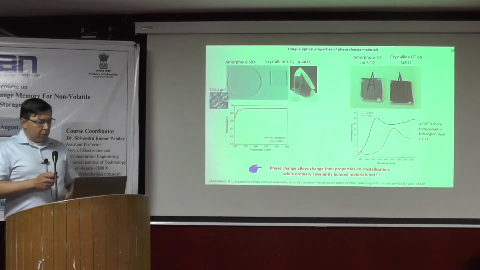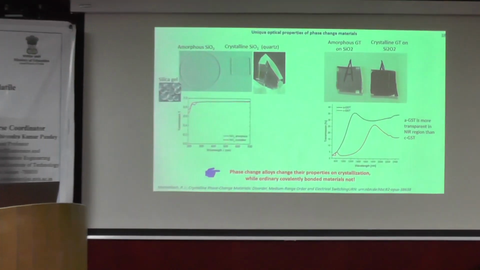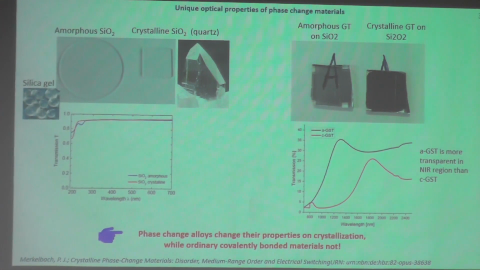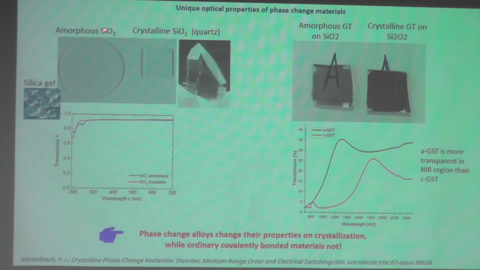Now let us consider some typical substances. For example, silicon dioxide. It exists in amorphous and crystalline form, and as you can see, it's transparent in both states.